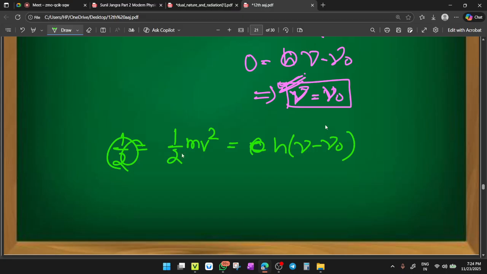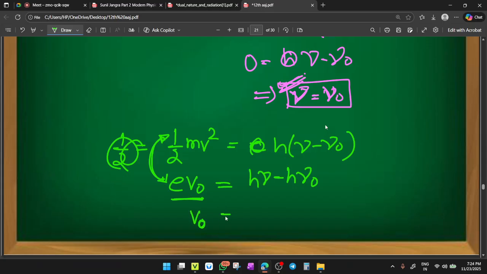Now half mv square equals eV naught equals h nu minus h nu naught. Half mv square becomes eV naught because in terms of stopping potential, this kinetic energy converts into potential energy. So this equals h nu minus h nu naught.